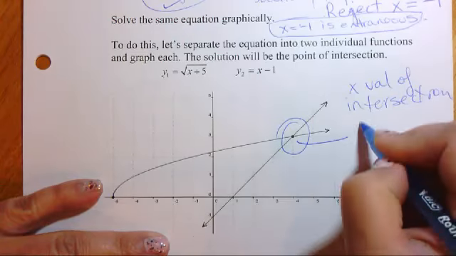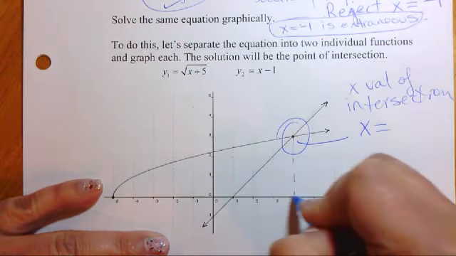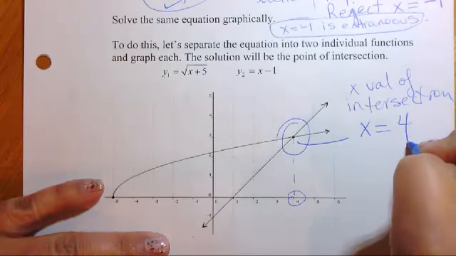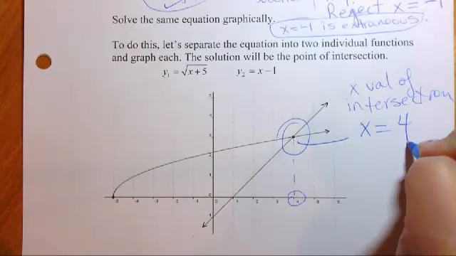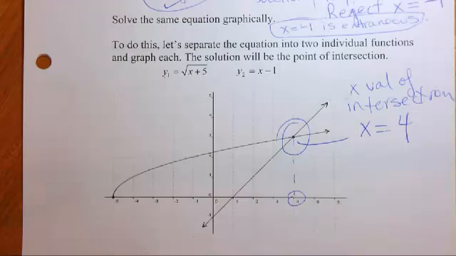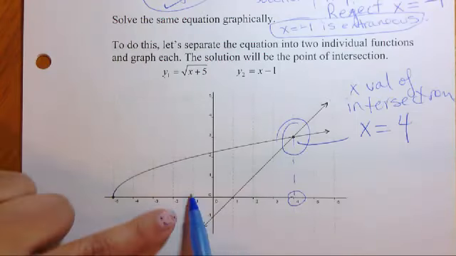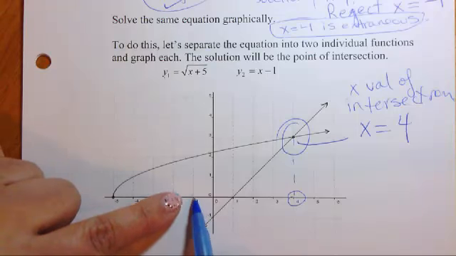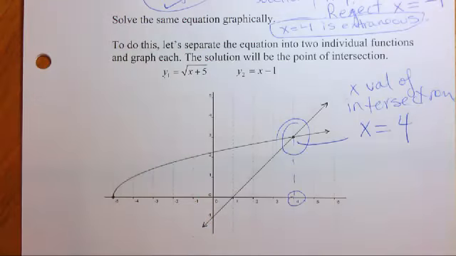So that's at x equals 4. All right. Now, you can see that on this graph, it doesn't intersect anywhere else. There is no possible way that it could intersect at x equals negative 1. Do you see this right here? So it's definitely not a solution.